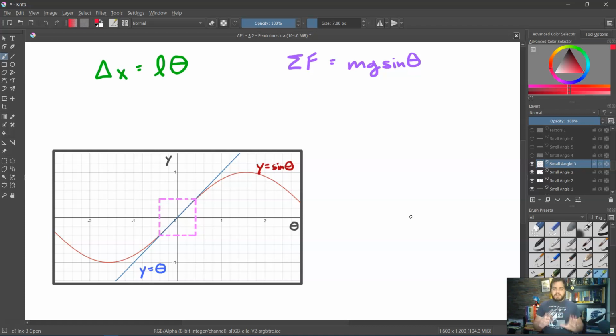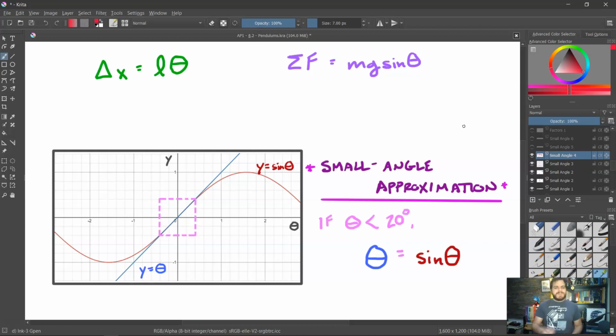This is very common in physics in general, and it is known as the small angle approximation. It tells me that if theta is smaller than about 0.4 radians, which is approximately 20 degrees, then theta and sine theta really equal the same thing.